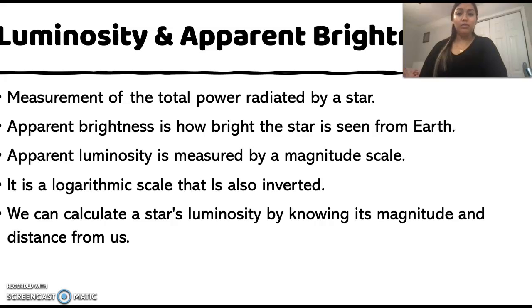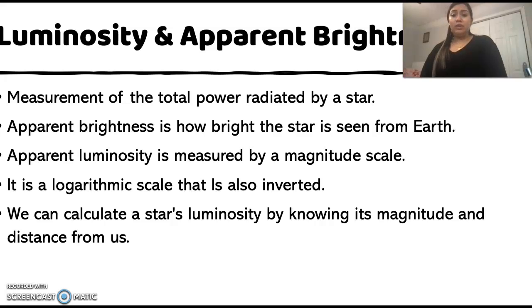Then we're talking about luminosity and apparent brightness. Luminosity is the measurement of the total power radiated by a star. Apparent brightness is how bright the star is seen from Earth. Apparent brightness depends on the absolute brightness, but also on the distance of the star. Apparent brightness is measured by a magnitude scale. That magnitude scale is related to our perception of what we see.